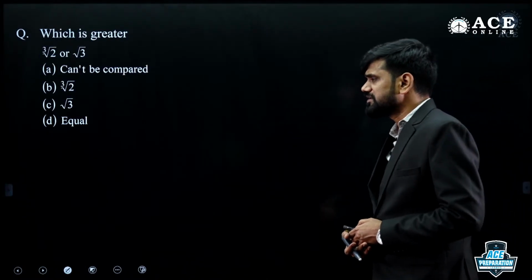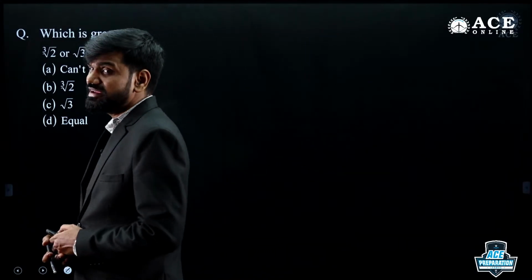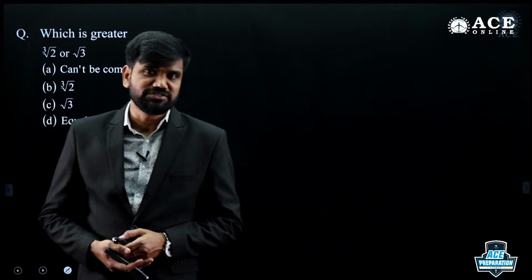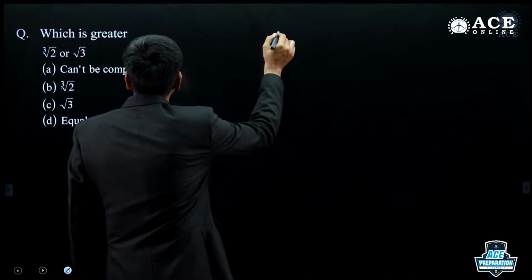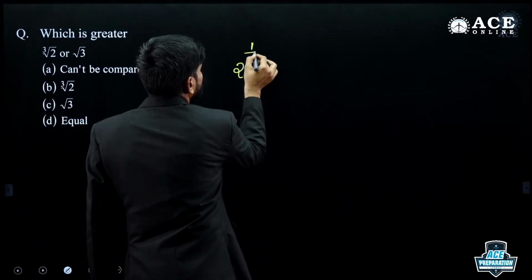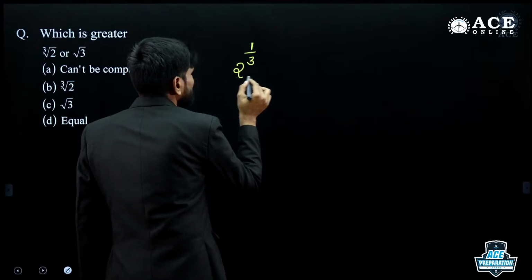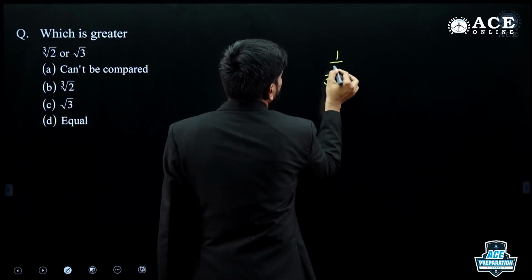This is another one. Here you will be getting the powers which are fractions. Now check out. Cube root of 2 is nothing but 2 to the power of 1 by 3. Square root of 3 will be 3 to the power of 1 by 2.